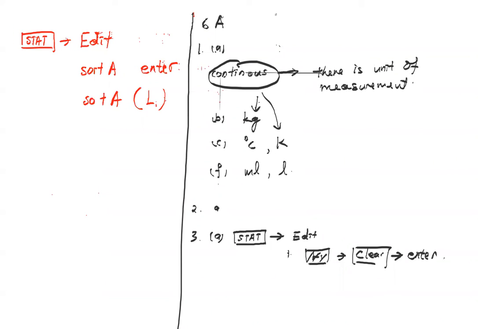Now in L1, you key in the numbers 47, 49, and so on. In L2, you key in the frequency. So L1 is for the number of matches per box. L2 is for the frequency, okay? Please key in now, everyone.